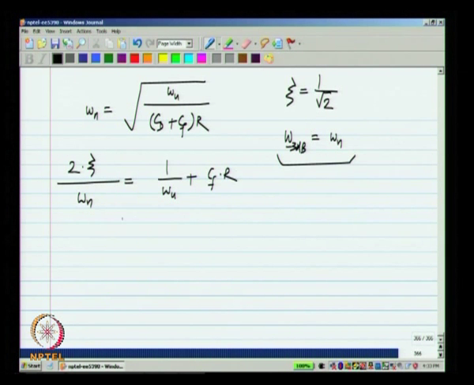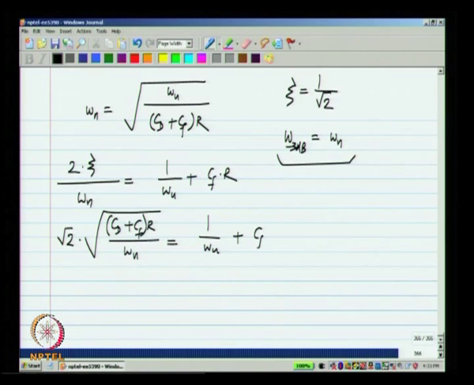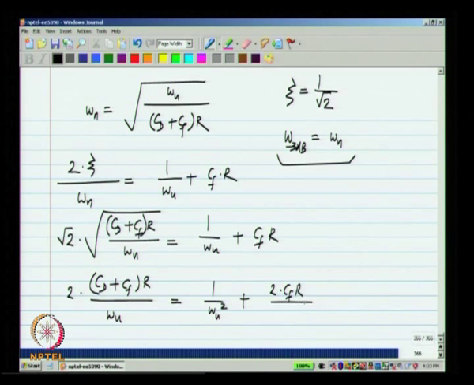For this damping factor, I will have square root of 2 times square root of (CD plus CF) R divided by omega u to be equal to 1 over omega u plus CF times R. Squaring both sides, we have that equal to 1 over omega u square plus 2 times CF R by omega u plus CF R squared.